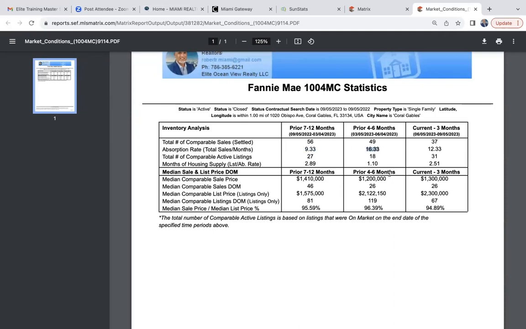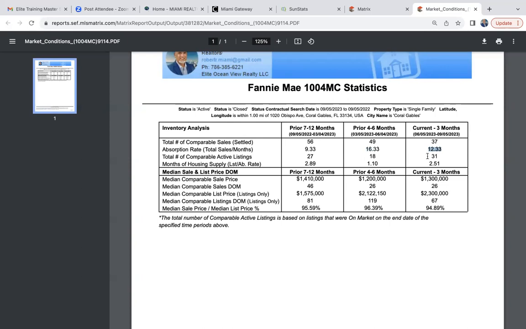So the volume of sales between March and June of this year increased. And now, currently, over the last 3 months, we have 2.5 months of inventory. So our volume of sales per month actually decreased to 12.3 sales per month.